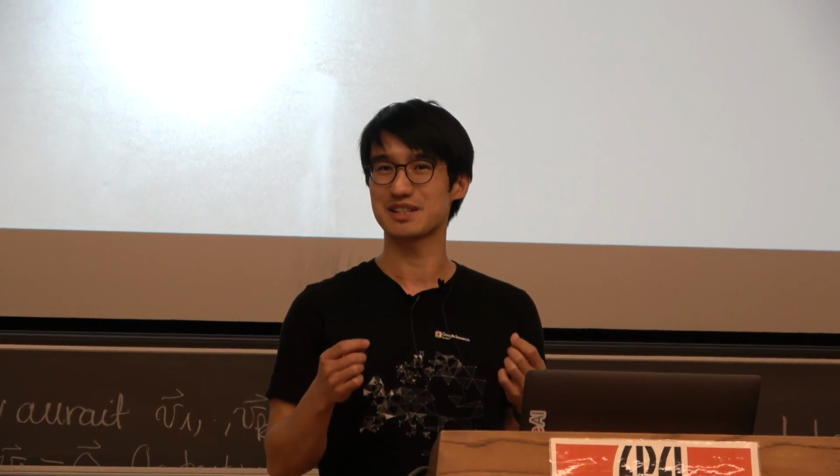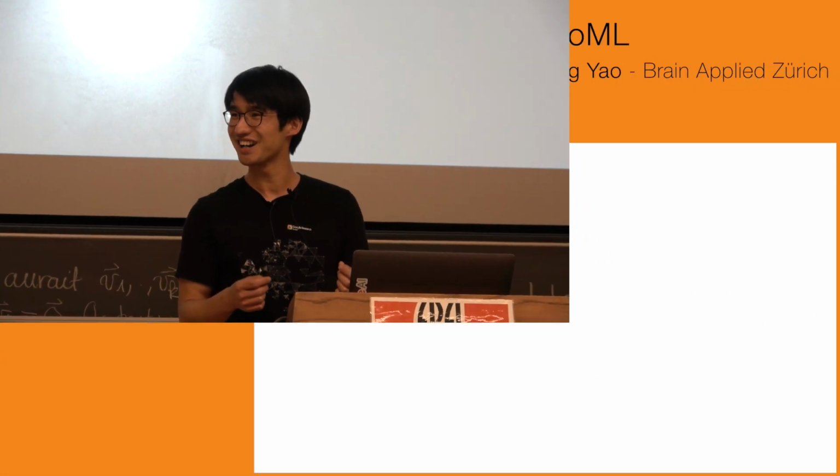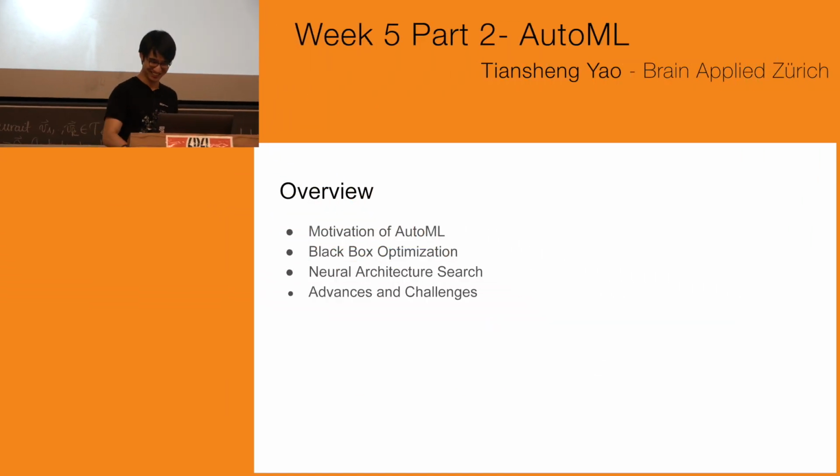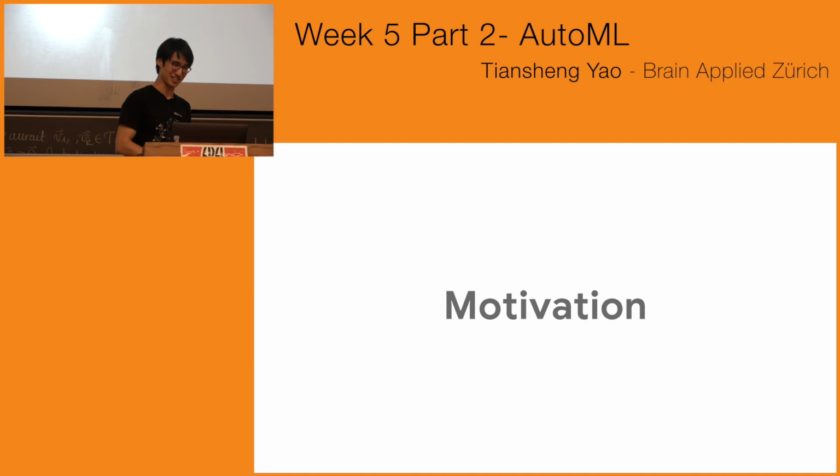I'll try to keep the talk really high level, with as few formulas as possible so everyone can follow, since this is the third week of the ML class. Third week, okay. So, motivation.